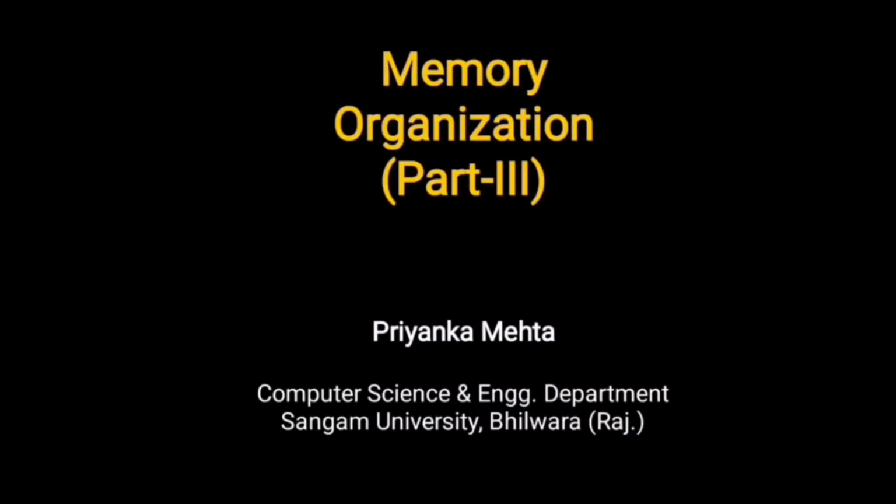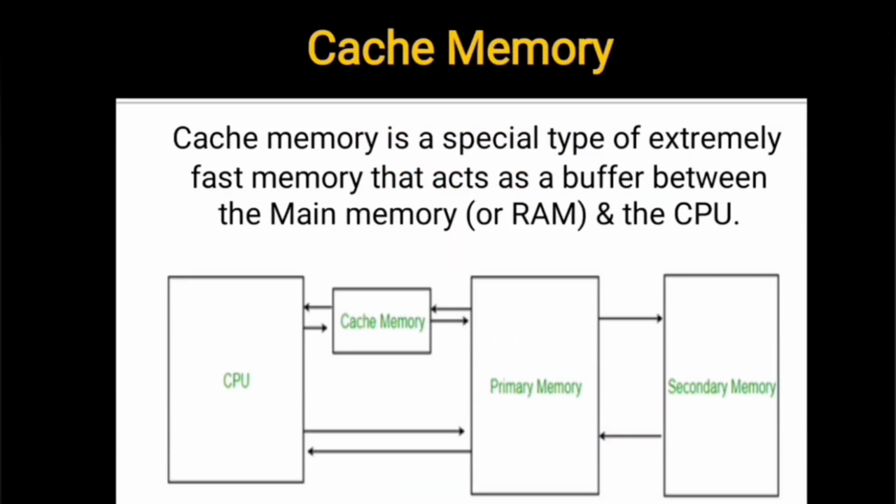Students, let me first explain what a cache memory is. As you all know, a cache memory is a very special type of memory which is extremely small and extremely fast, and it is placed between the main memory and the CPU.